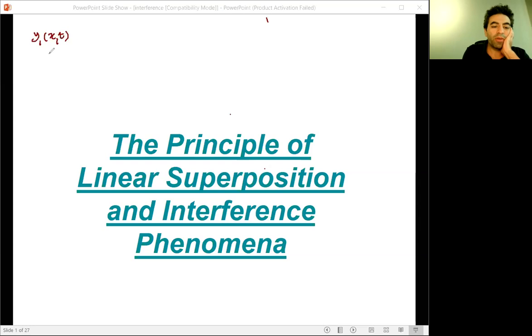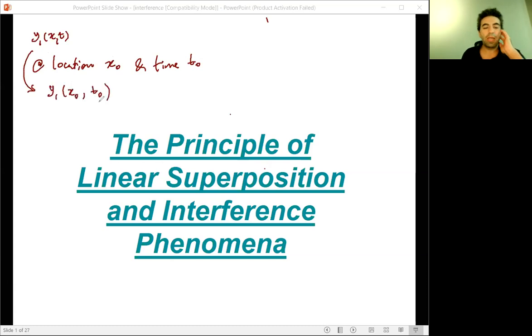So suppose I want to find out the disturbance at a specific location and a specific time. Then the disturbance would be y1 of that particular position and that particular time.